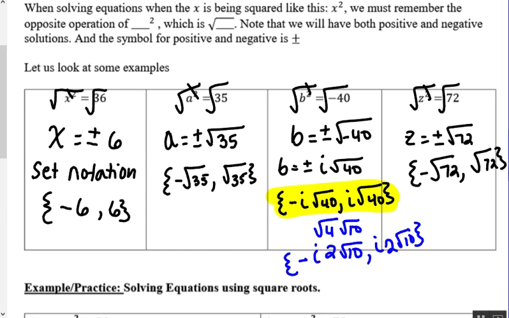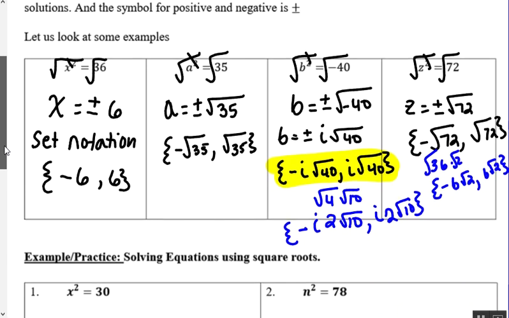And then here I'm gonna talk about the simplified version. So if you were to simplify this, 72 is the same as 36 times 2, which means that if I take the square root, I would get negative, so what's the square root of 36? 6 square root of 2, and then the positive 6 square root of 2.